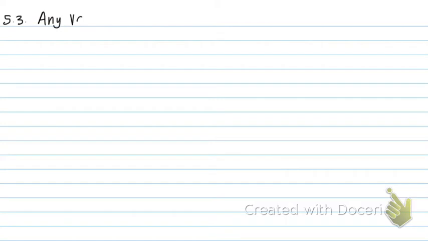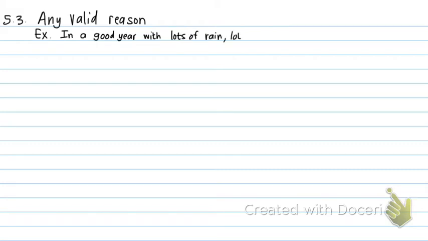But I said that in a year that it rains more, more cubs were born. In a good year with lots of rain, lots of cubs will be born, and vice versa. So in a bad year, fewer cubs will be born.